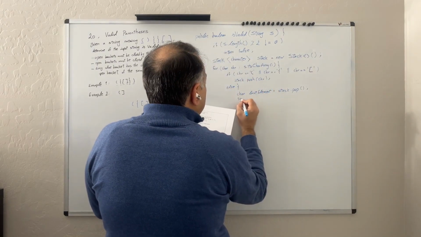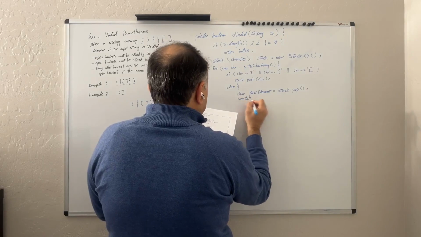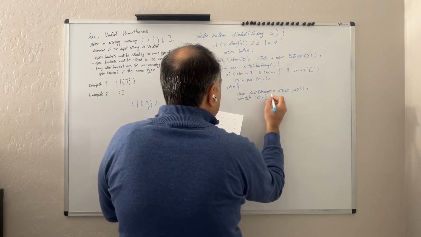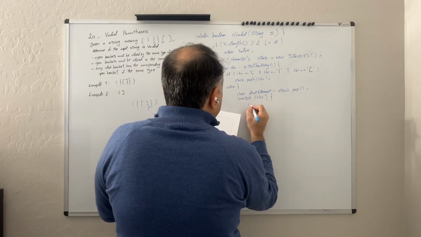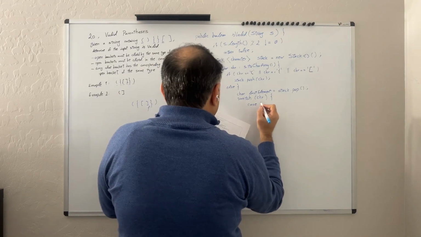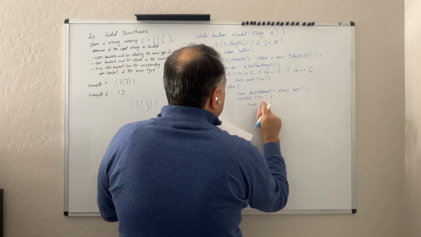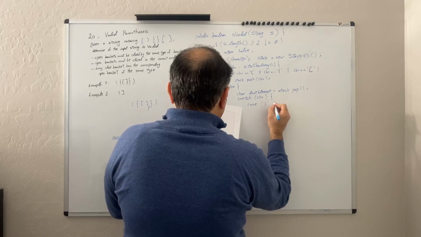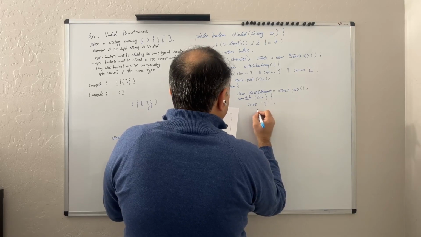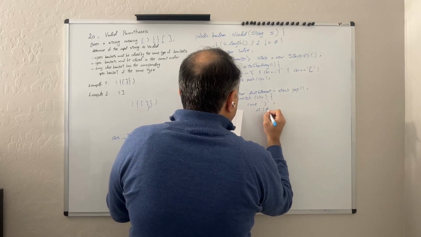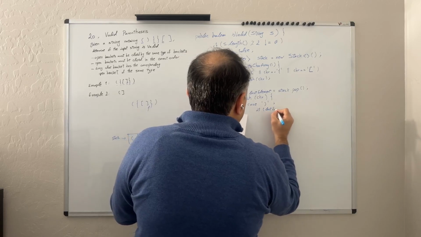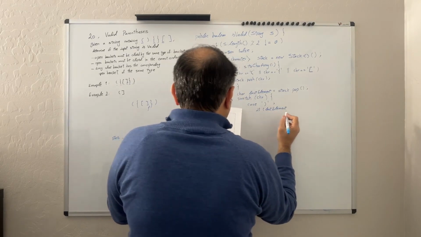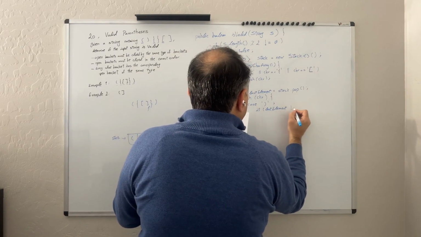Then I create this switch here, and I'm going to check the character. I ask: is it the close parenthesis? If yes, is the last element we popped from the stack the same type?